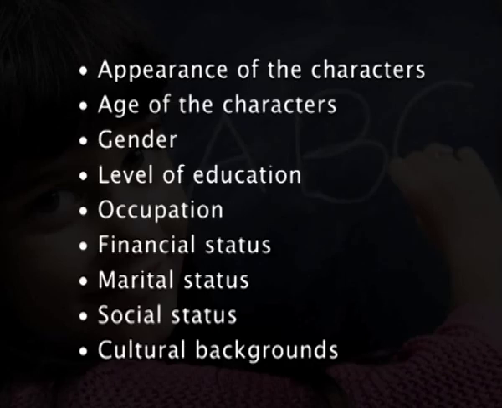Now, I would like to draw your attention to the screen. They are appearance of the characters, the age of the characters, as you have seen in the first description that the age was mentioned as 26.